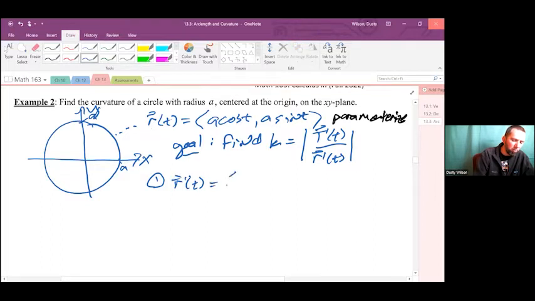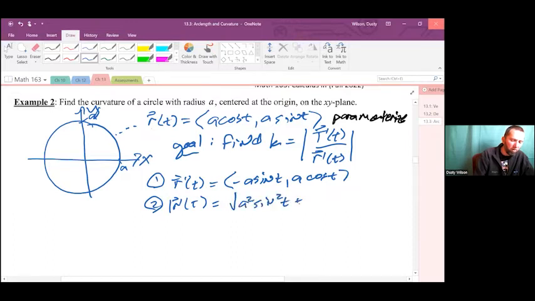So r prime of t will be negative a sine t, comma a cosine t, and we know that the magnitude of r prime of t will equal the square root of a squared sine squared t plus a squared cosine squared t, which once again you can see the common factor of a squared, leaving behind sine squared plus cosine squared, which is 1.